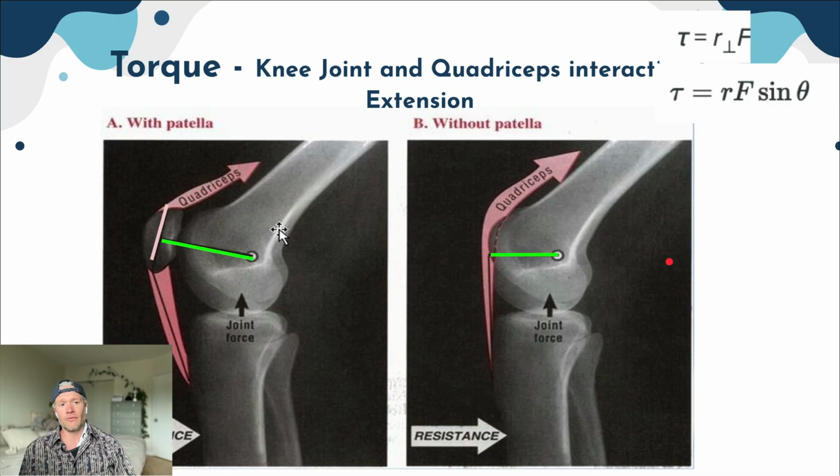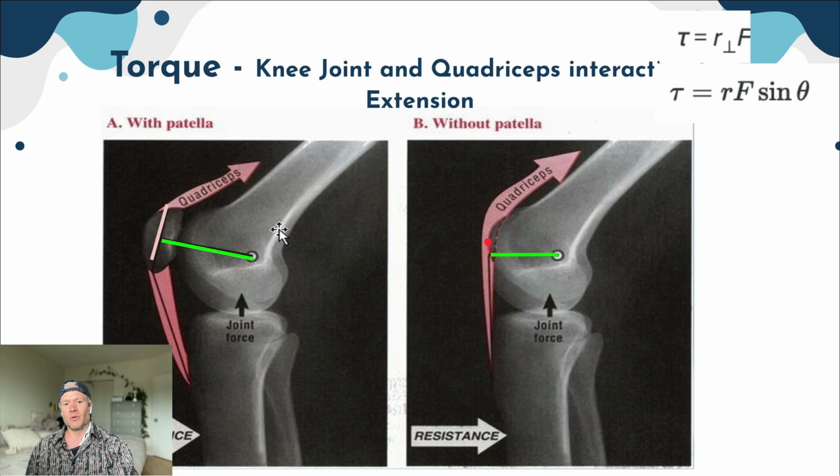We can also see the shortening of R value and changing of angle of how force is applied if we happen to get something like osteoporosis, or in this case, someone has had their patella removed, but usually they'll replace it. There's prosthesis that we can use to do that. But again, we get the shortening, so our angle isn't at 90 degrees anymore in this case.